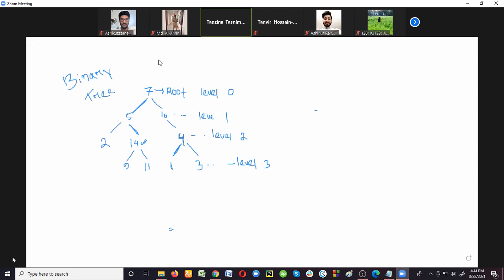So there are 3 types of traversal method. One is pre-order traversal. After that, post-order traversal, and the third one is in-order traversal.